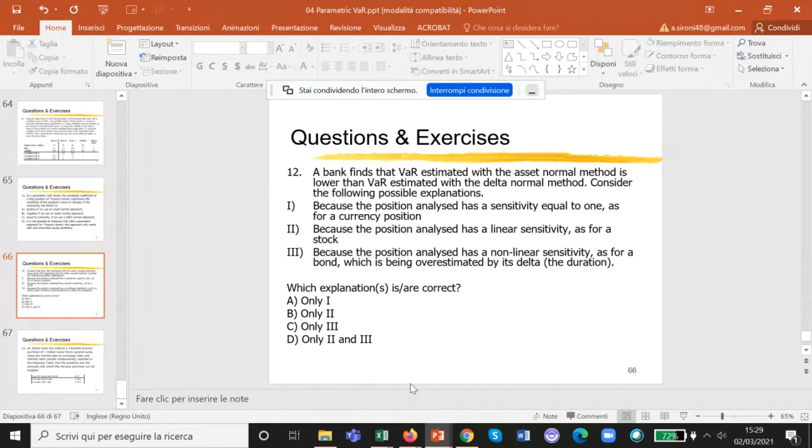So what is the correct answer? I give you 1 minute and then you tell me. Come on, who wants to try?